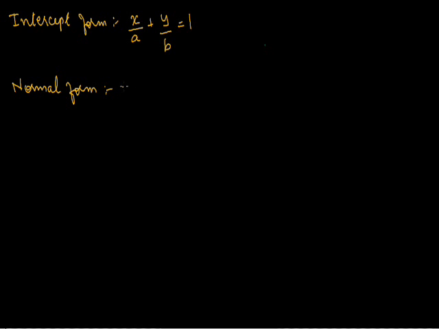The equation of the same is x cos alpha + y sin alpha = p, where p is the perpendicular distance from the origin of the required line, and this perpendicular makes an angle alpha with respect to the positive direction of x-axis.